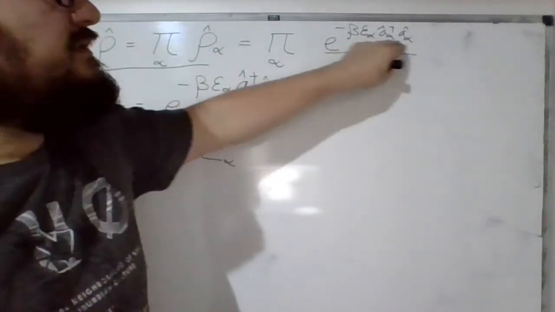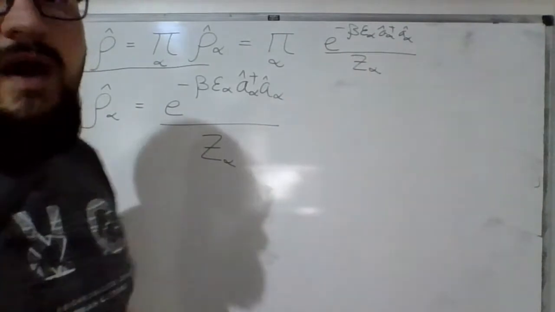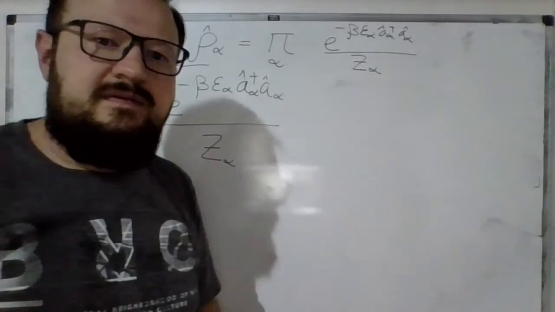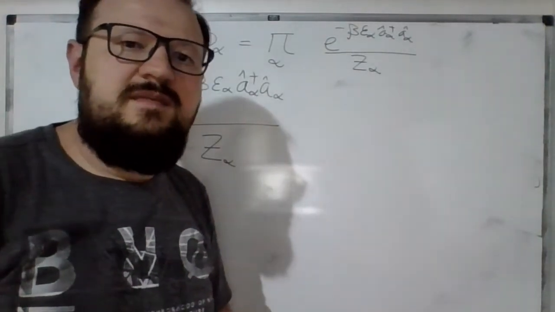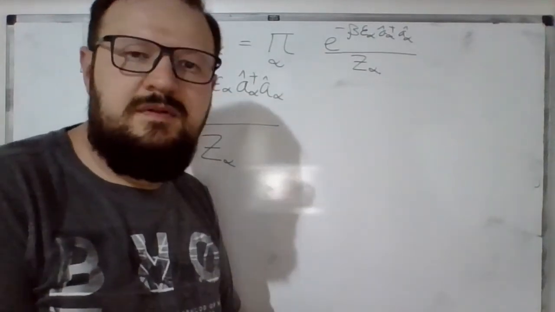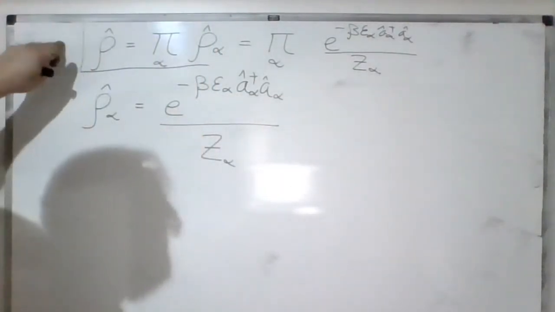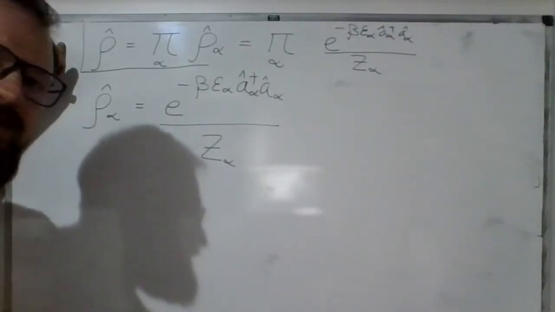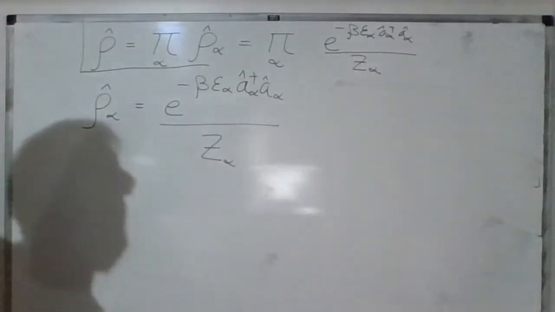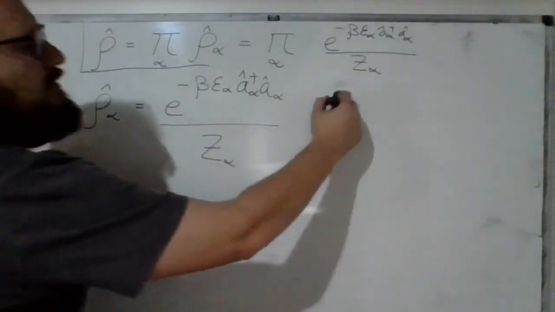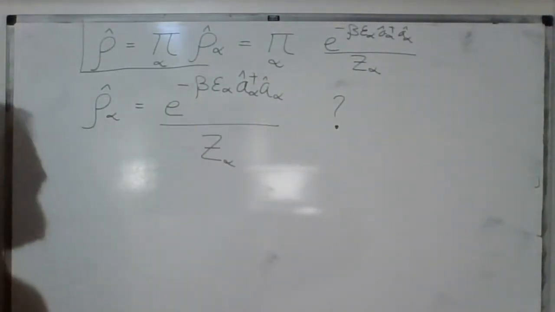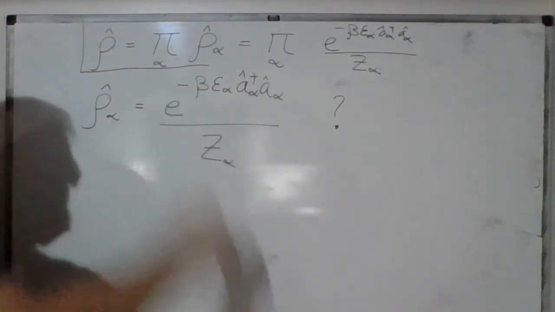It doesn't matter if these operators A dagger A are bosonic or fermionic. If you can write the states of your system as a product state, then this is a valid result in the canonical ensemble for the density matrix. Now we need to evaluate what this produces for a given state of energy E alpha.